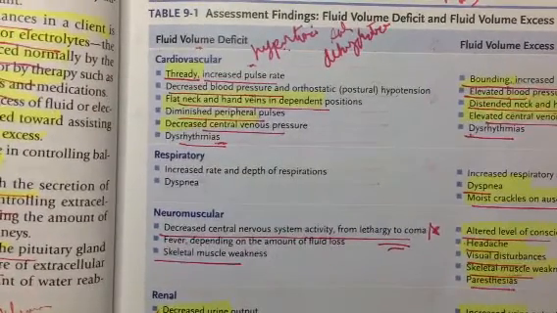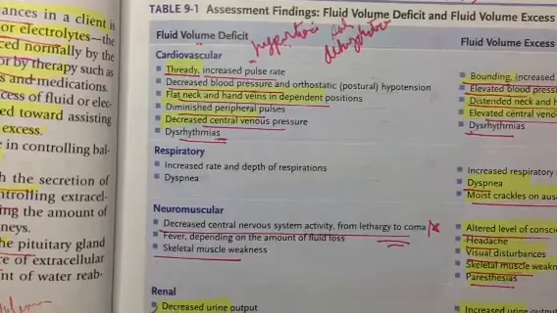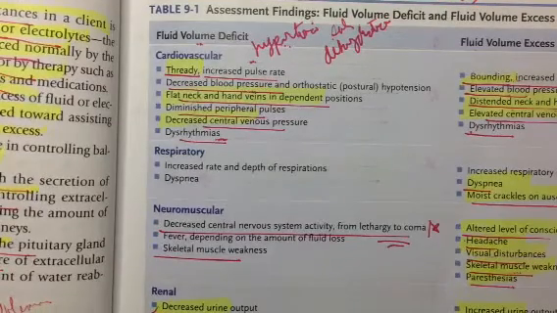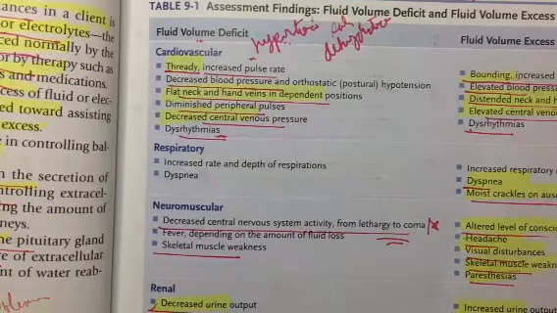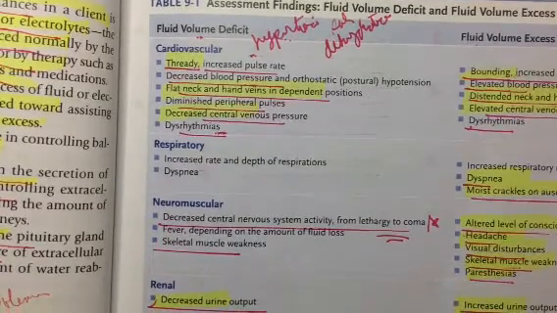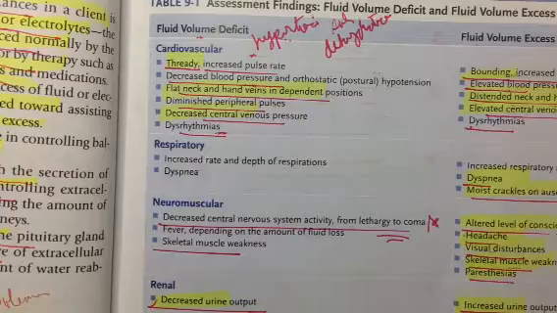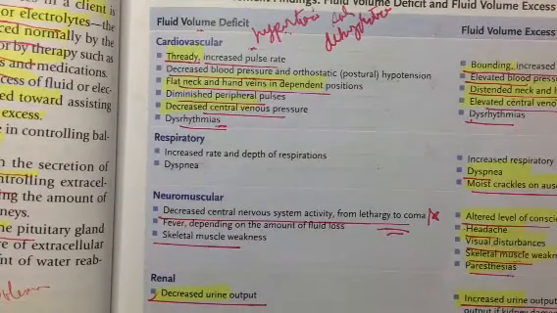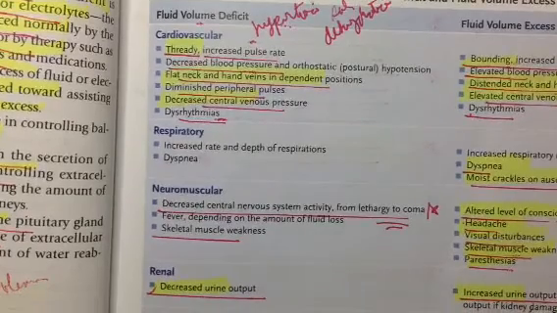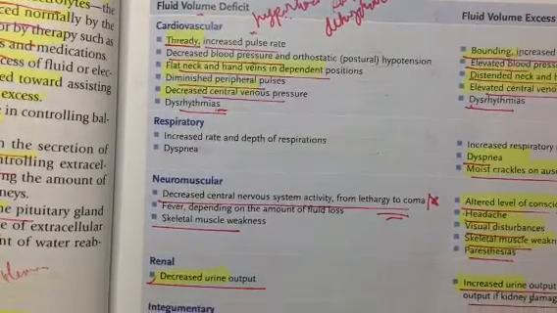The signs of fluid volume deficit. Cardiovascular: thready, increased pulse rate, decreased blood pressure, flat neck and hand veins in dependent positions, diminished peripheral pulses, decreased central venous pressure, dysrhythmias.